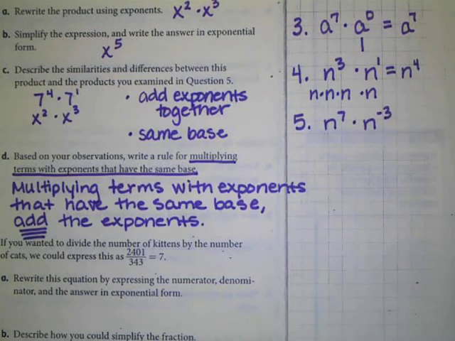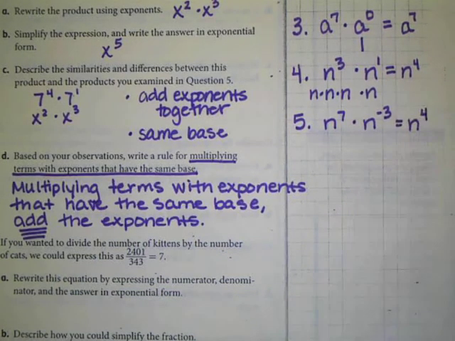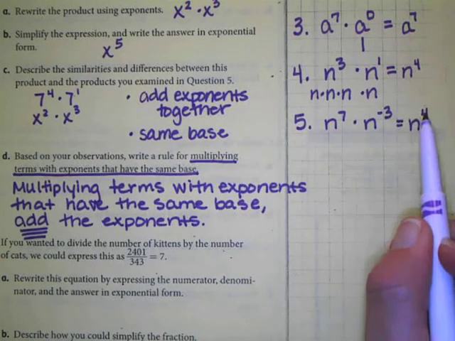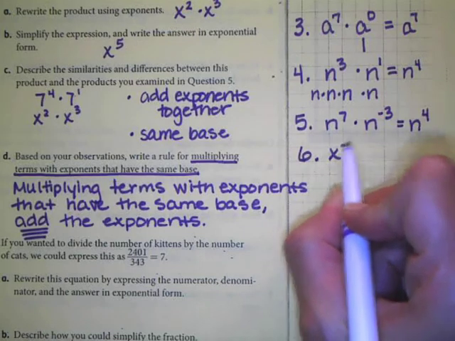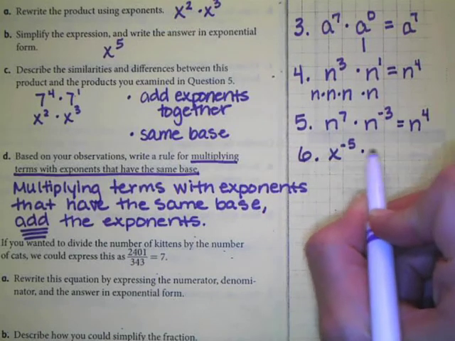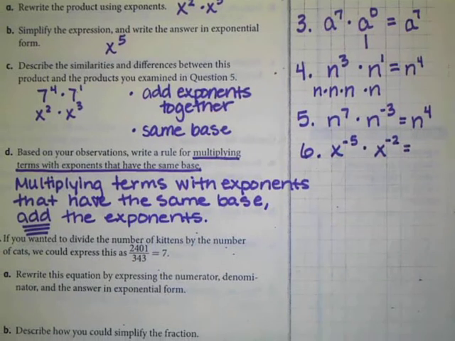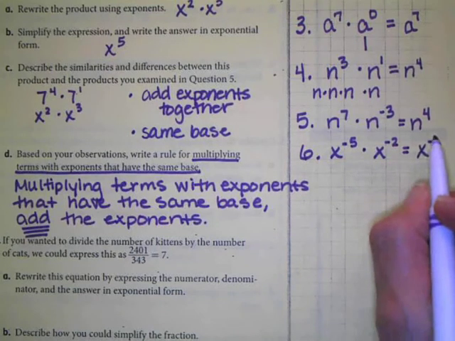What is my simplified version going to be? n to the 4th. 7 plus a -3 is 4. One more just to test it out. x to the -5th times x to the -2nd. It would be -7. Negative, yeah. Okay?